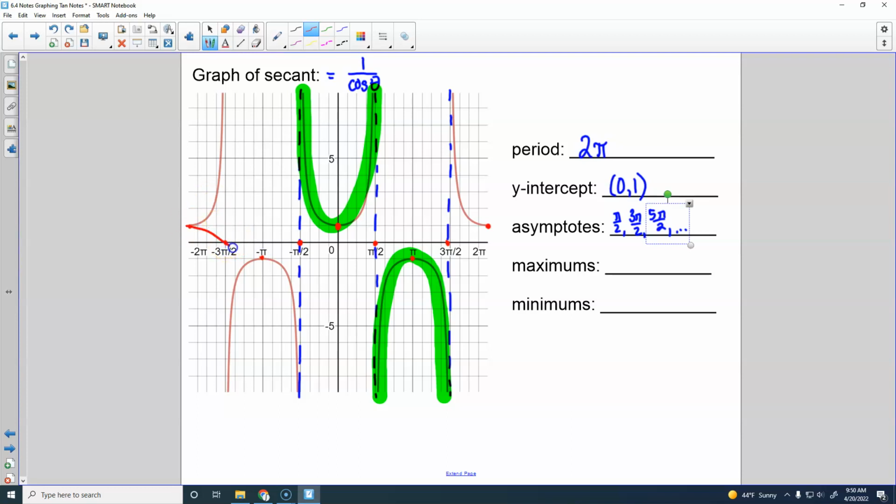So if you look at what happens, secant and cosine really kind of just line right up with each other. Every time cosine hits that x-axis, you have a vertical asymptote. That's because cosine equals 0 at that point. And then every time you have a maximum of your cosine function, you have a minimum of your secant function, which makes sense because you're doing 1 over that value.